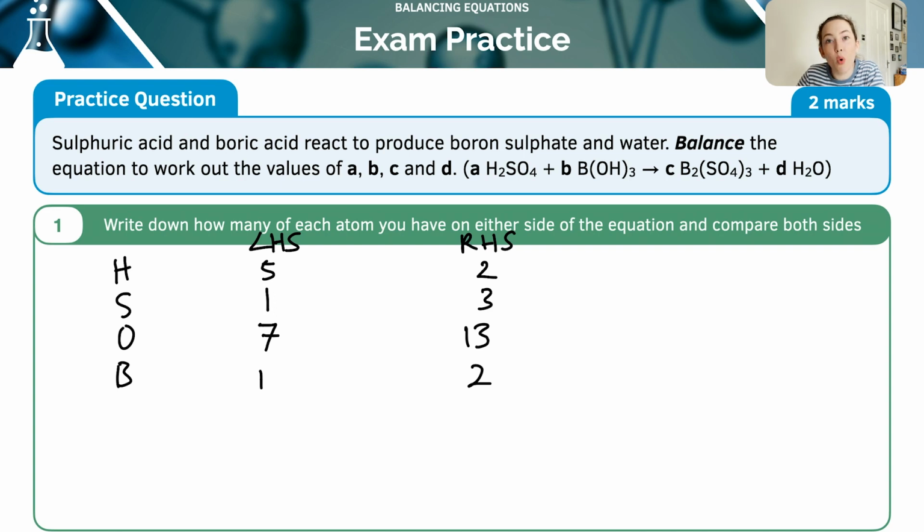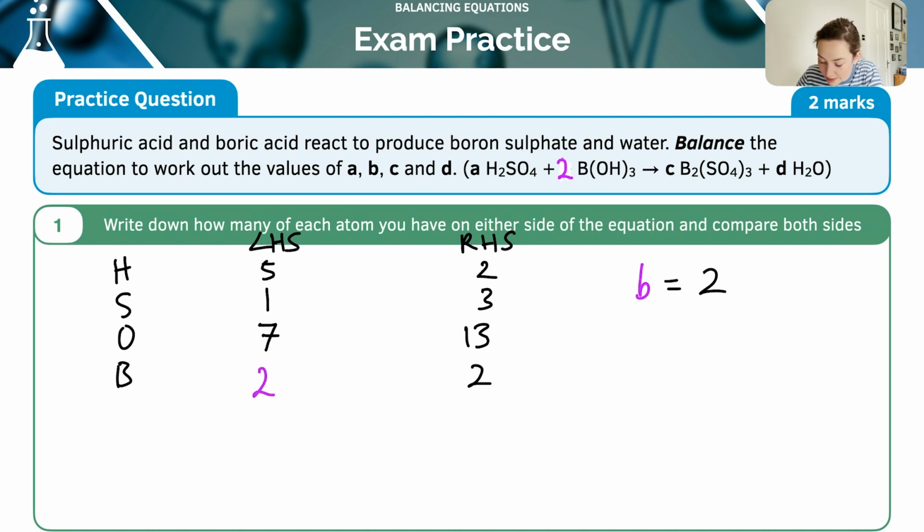So we can balance the boron easily if B over here is equal to 2. So if B is equal to 2, and we end up putting a 2 in front here, then my boron is going to be 2.